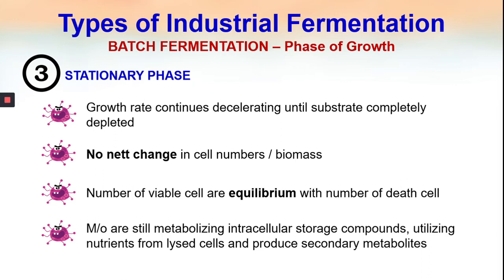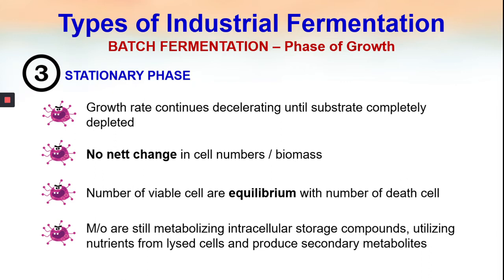And once the nutrients start to deplete, there will be competition between the cells. The stronger cell will have more nutrients compared to the weaker one. Hence, the weakest one will start to die. Under stationary phase, the number of dead cells is in equilibrium with the number of live cells.